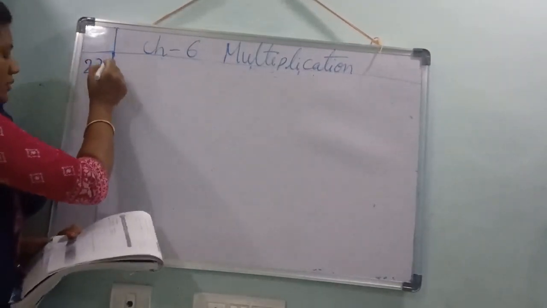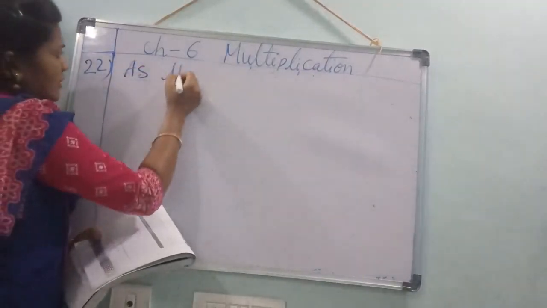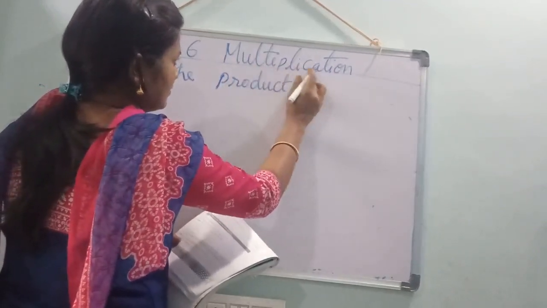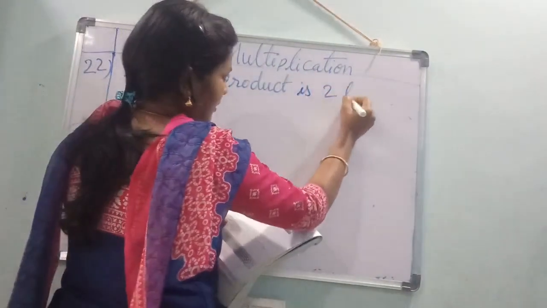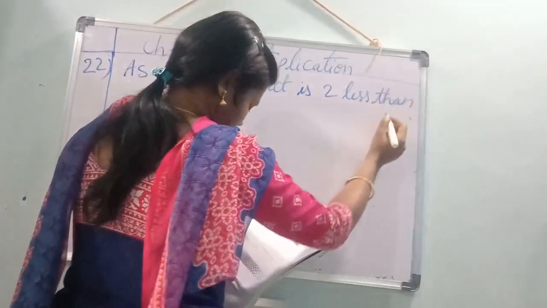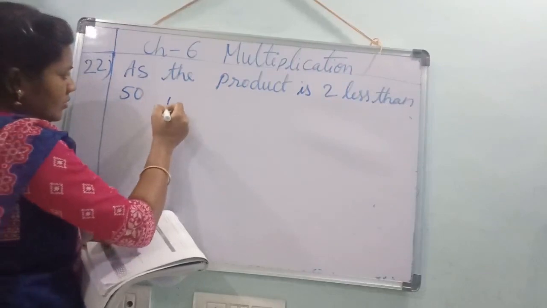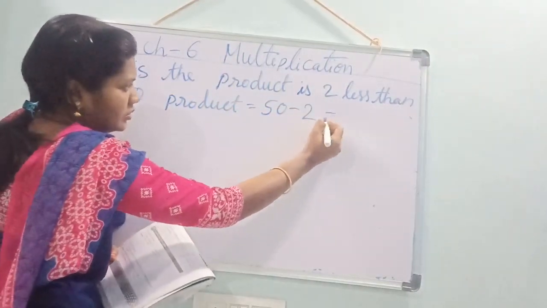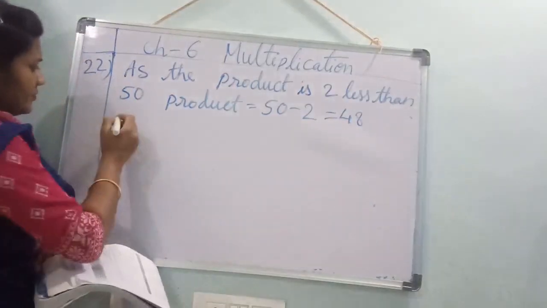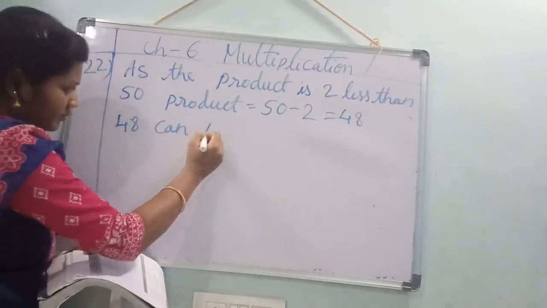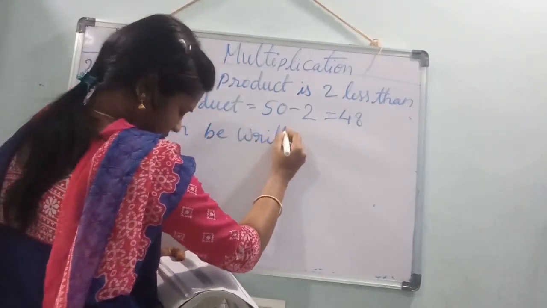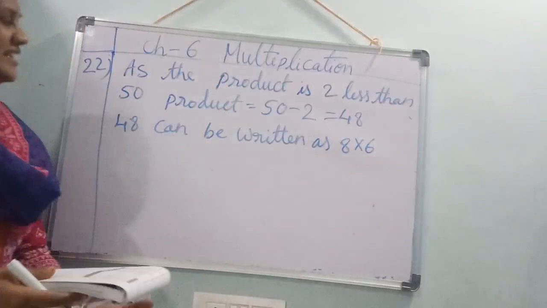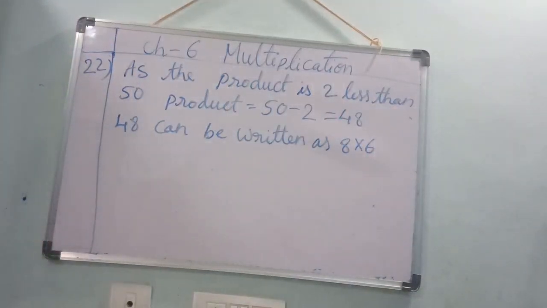See, as the product is 2 less than 50, product is equal to 50 minus 2 is equal to 48. 48 can be written as 8 into 6. 8 sixes are how much? 8 sixes are 48.